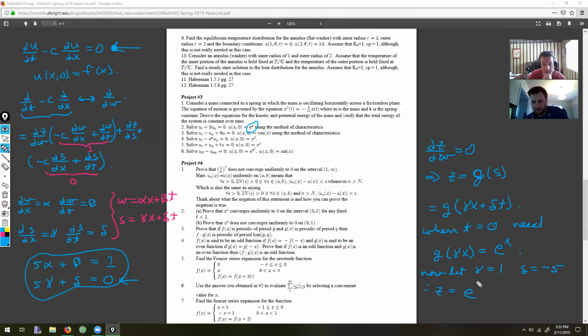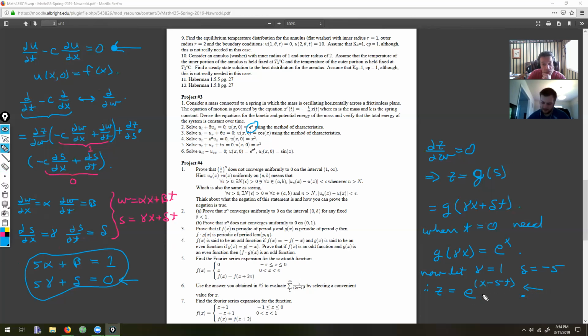E to the, okay, so gamma is 1, so it's x minus 5t, like that, right? Yep. Okay. Now it looks like we have some freedom with the alpha and beta. We actually were not forced to pick alpha and beta to be anything. We didn't need to, but in some of the other problems you may have to.